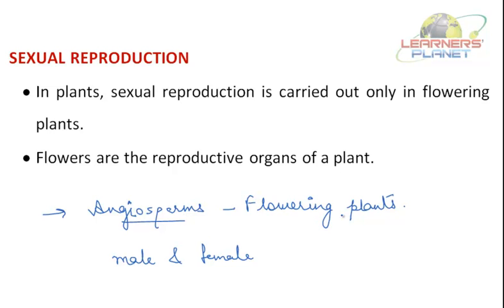In short, flowers contain the sexual reproductive organs of a plant. In most plants, the same flower contains the male organ as well as the female organ. In other words, the majority of plants are bisexual, having male and female reproductive organs in the same plant or the same flower. In fact, the reproductive part of higher plants is the flower.